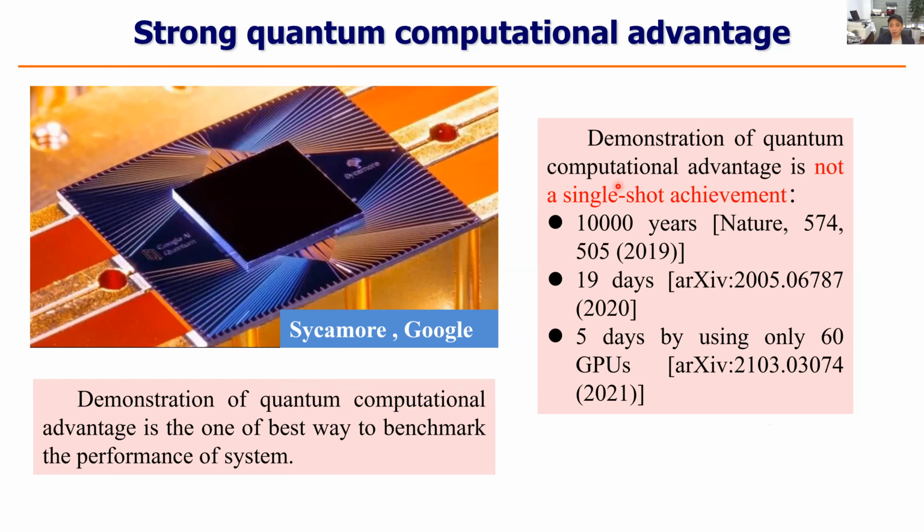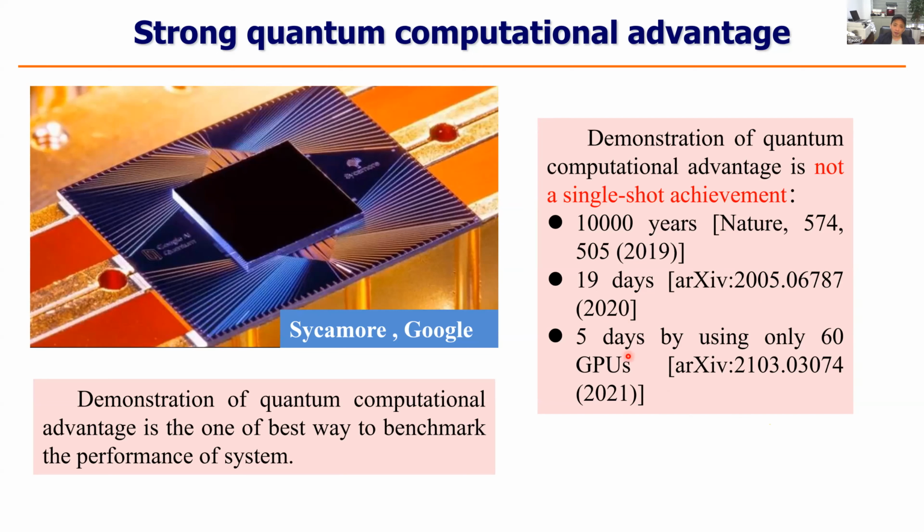In Google's first paper, they said their task, if using the best classical computer, would take 10,000 years. But very recently, it was shown that maybe the classical computer is already faster than the quantum computer. But we know the performance of the quantum computer can increase exponentially, while the classical computer's is linear. So if we improve the qubit number and the depth of the circuit a little bit, the difficulty of the task can be increased exponentially, and we can beat the classical computer.